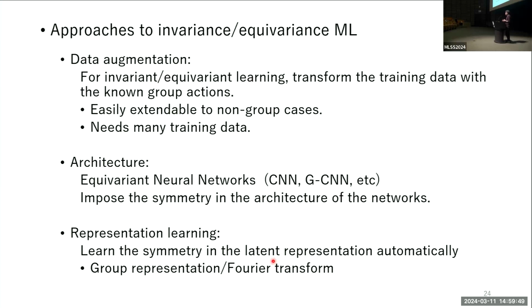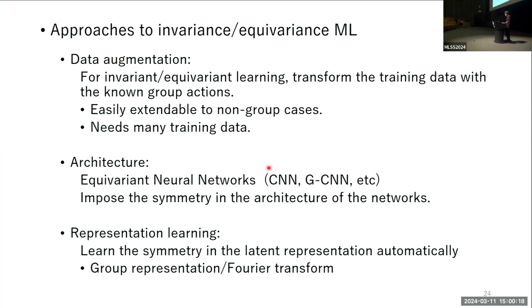And this approach is very popular and easily extendable to non-group cases also. That's one advantage. However, it requires lots of training data. And also, there's no theoretical guarantee that such data augmentation can really acquire the invariance or equivariance of the mapping.